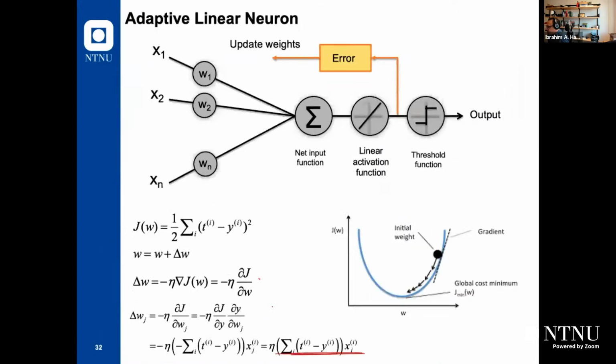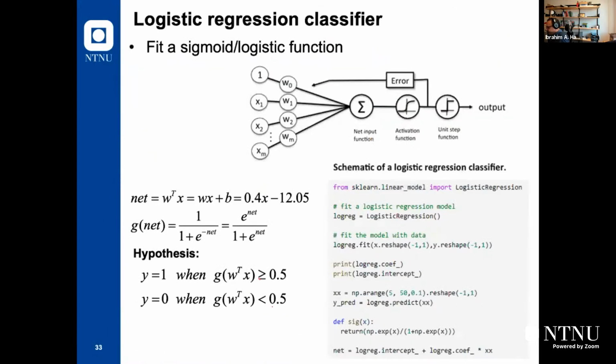So if net is greater than 0.5, it will be 1. Otherwise, it will be 0. So you can use this function to convert the output into classes. But if you want to use sigmoid, in this case, it will be the probability that this example belongs to this class, because it will be a number between 0 and 1, right? So if it's 0.8, you can say that, okay, this is the probability that this example belongs to this class, for example.